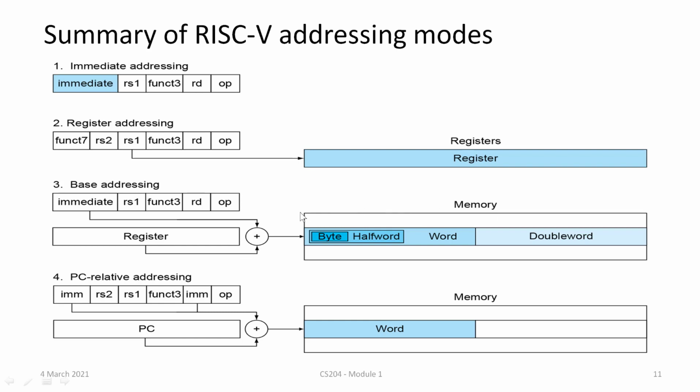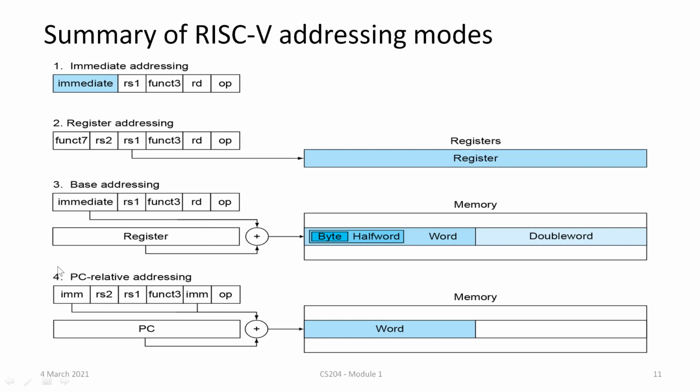We go to that particular location, get the value and place it in RD. For example, you can imagine a load instruction. We can place the value from the memory into the RD, or it can be a store instruction where the value in RD will be written to the location given by the immediate field plus the value in RS1. So the load stores typically belong to base addressing.